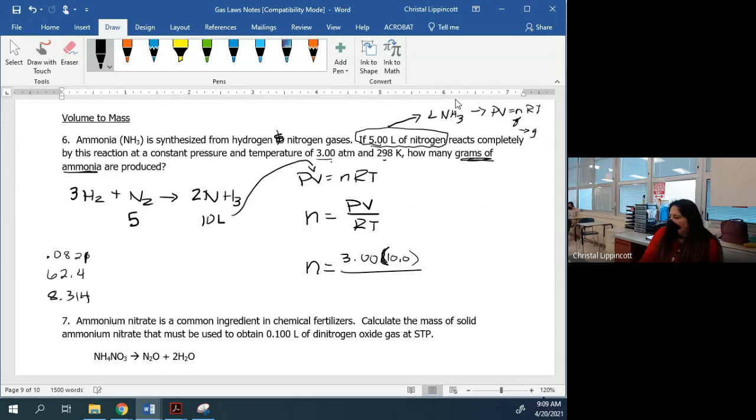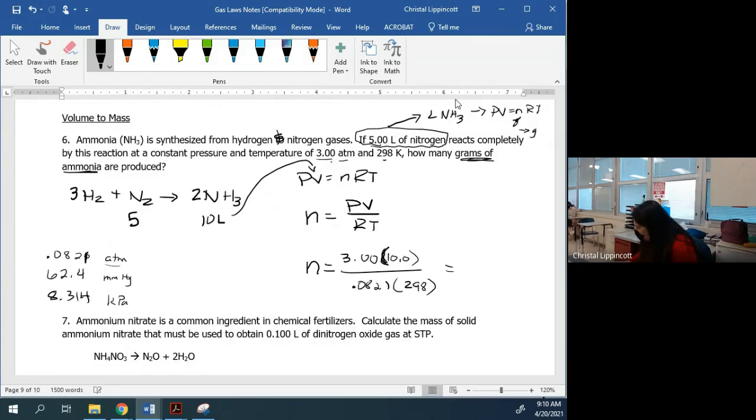When my pressure is given in ATM, this is what I want to use. If my pressure is given in millimeters of mercury, I want to use this one. And if it's given in kilopascals, I want to use this one. So which one of these am I going to use over here? First, the second, or the third? The first one, because my pressure was given in ATM. I want to use the R value that contains ATM in it. The 0.0821. And then I need to make sure that my temperature is in Kelvin, which it is. So we're good to go. Okay.